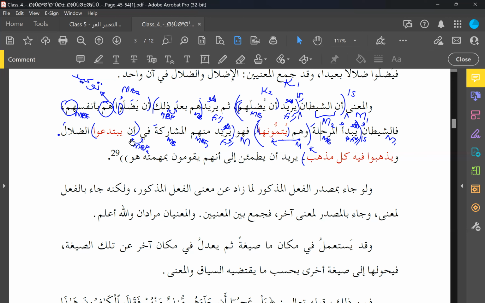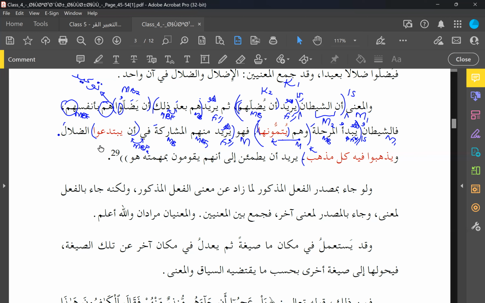Same concept. Any mudare, when it comes with certain harfs, we have learned an, but there are other harfs also. That is known as masdar muawwal, which is actually not a masdar, but for translation, we will use it as a masdar.